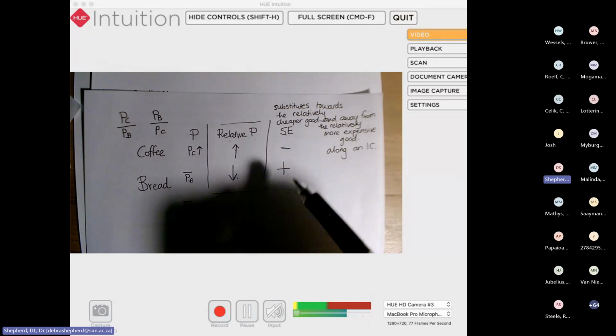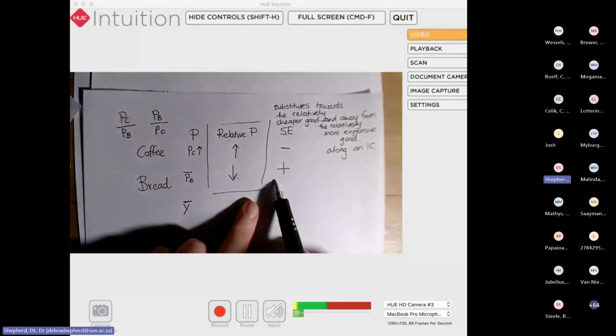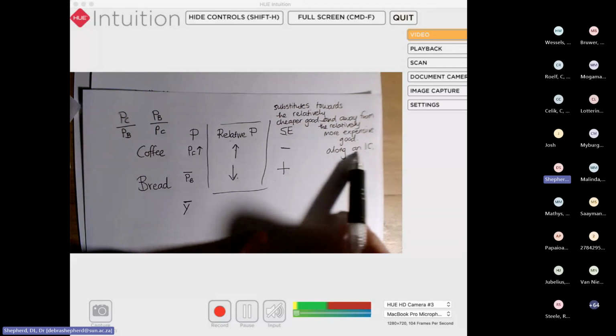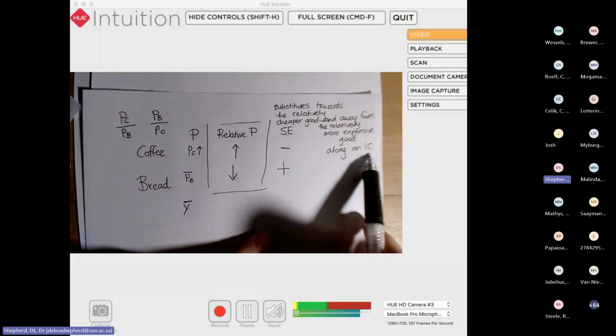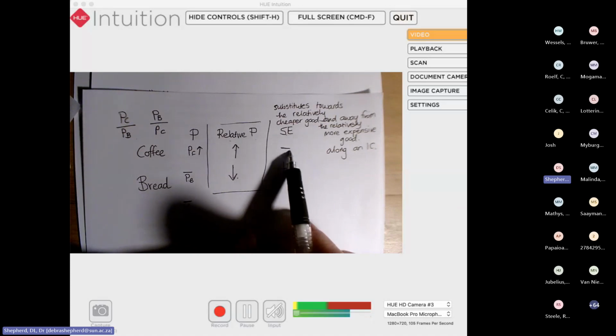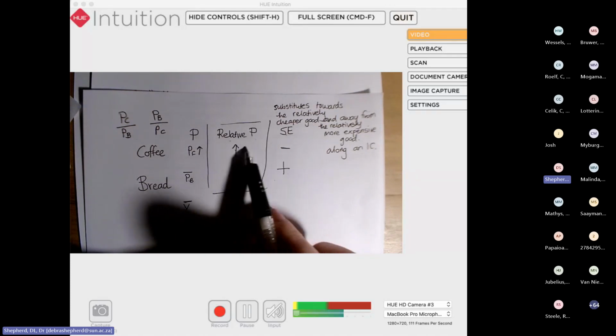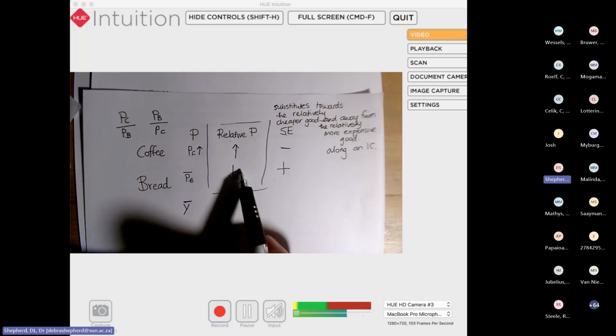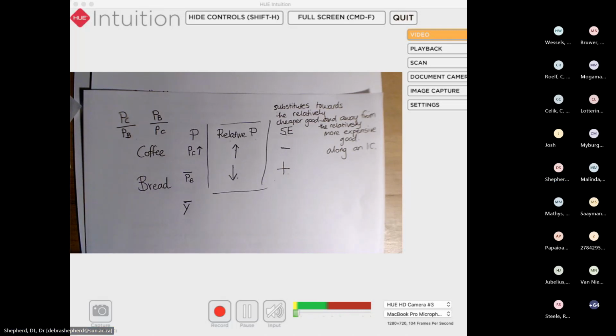Okay, so this is saying the consumer, in order to remain on an indifference curve, will substitute away from the more expensive thing towards the thing that is now cheaper. So how do I know if it's negative or positive? What do I mean by negative substitution effects? Negative means you buy less of it. So negative is saying less.